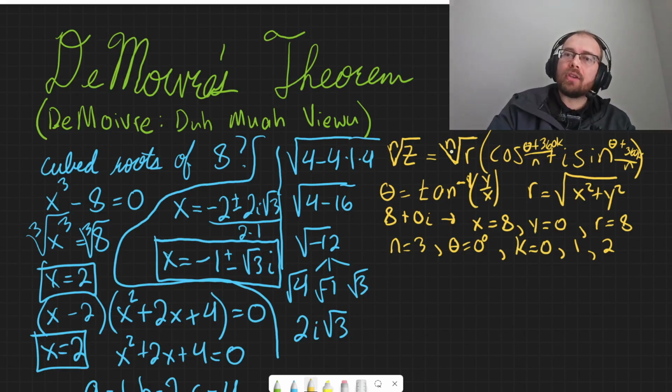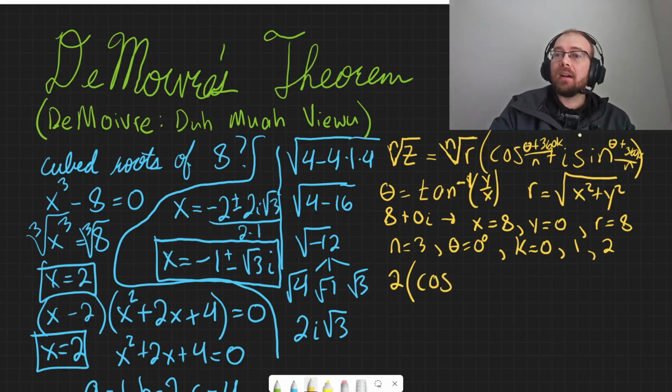So it's going to be the cubed root of r. n is 3, r is 8. Taking the cubed root of 8, that's just 2. Then that's going to be the cosine of, now I'm going to plug in, my theta is 0, n is 3, so it's 0 plus 360k over 3. I'm going to plug in 0 for k as well, so that's 0 plus 0 over 3, which is just 0.